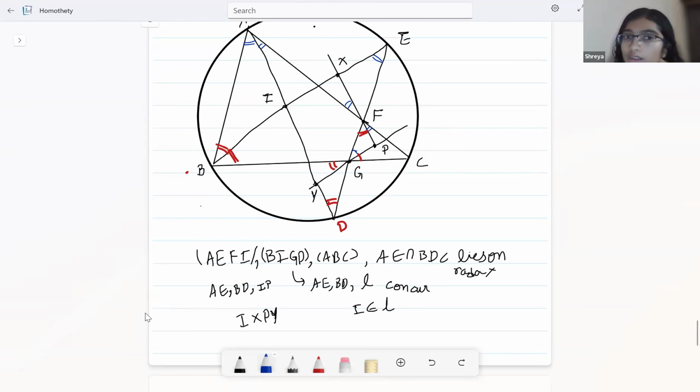Well, how did we prove this? Yeah, equals 6.